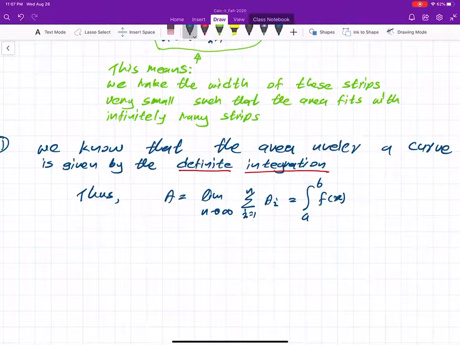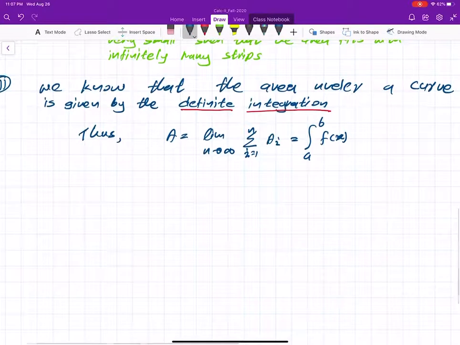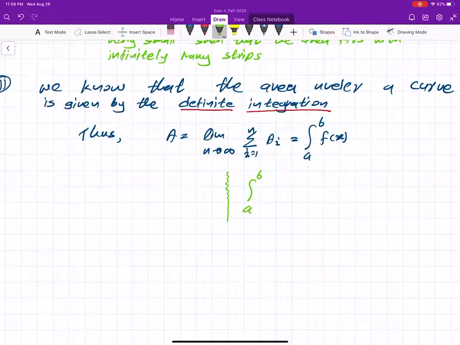In the previous class, I introduced the definite integration. If you can remember how to denote the definite integration, I'm going to give you a quick note here. You write this as this.